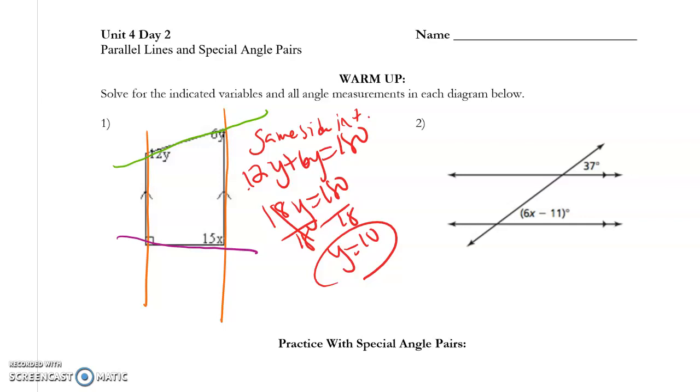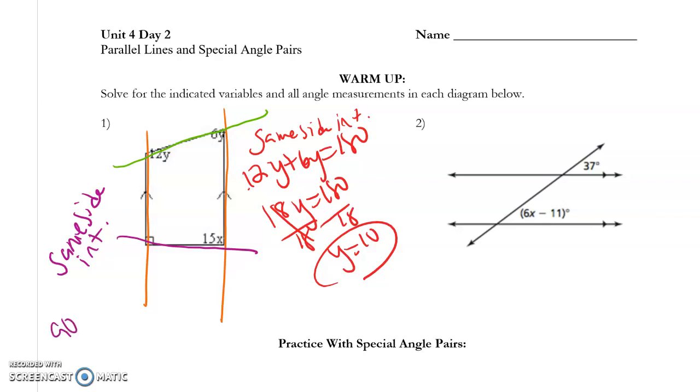And if we look at how it's cut, it looks like the upper angle here is 90 degrees. And if we are on, for the purple one, the same side interior, similar to the previous piece that we already did, these should also be supplementary as well. They should add to 180 degrees.